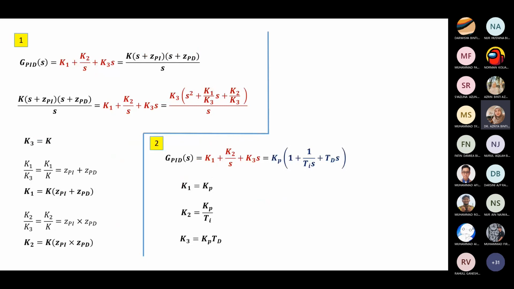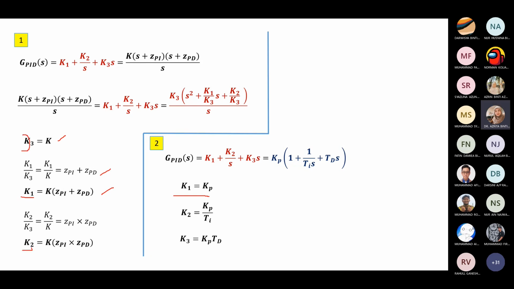And we also learned the relationship between the parallel form and the standard form using the root locus method. So we find the relationship between K3, KD, K1, and also K3.